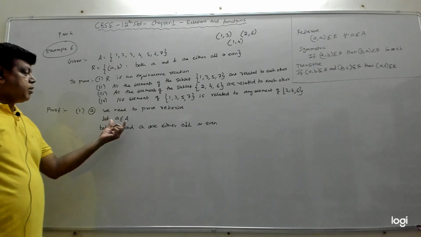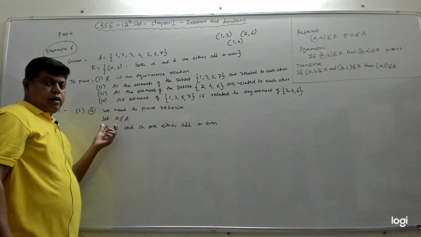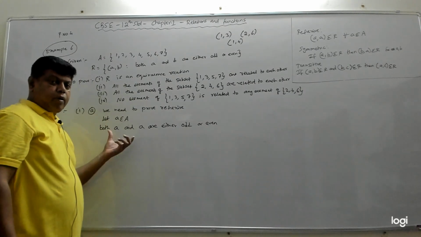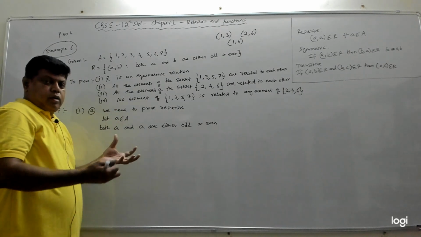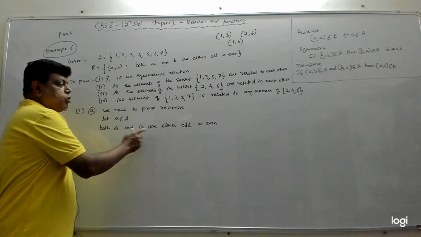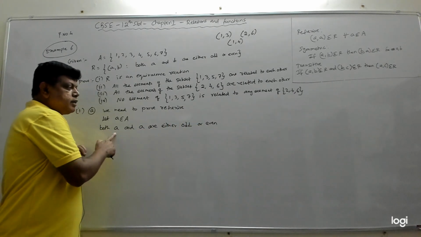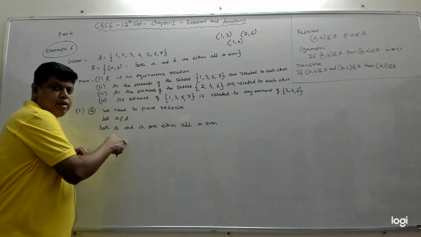If I take any element from A, then a and a, which means there are two elements, I am taking the same element again. So a and a, both are odd or both are even. We cannot have this a as odd and this as even because both are the same number.